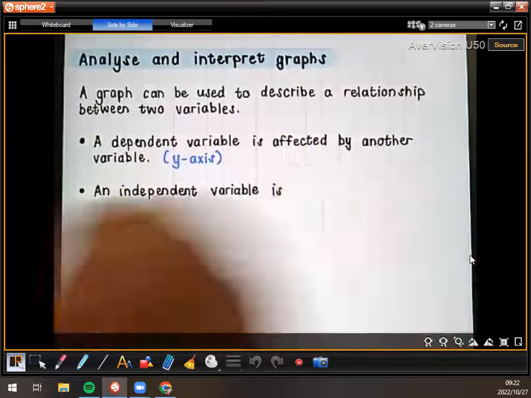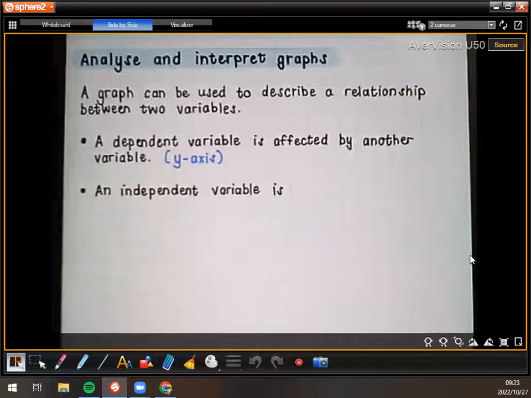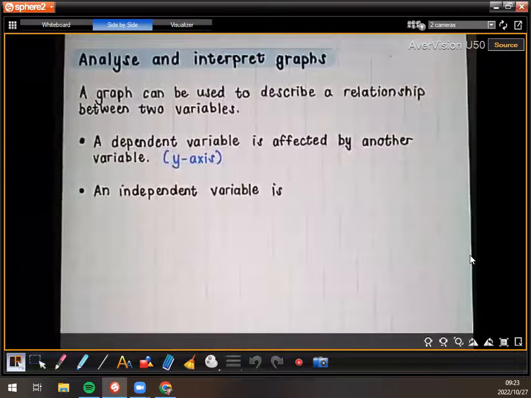Right, guys, there are lots of definitions of dependent and independent variables. Basically, what it comes down to is the dependent variable is the one that is affected by another variable, often the other one. Okay, we'll look at an example now.